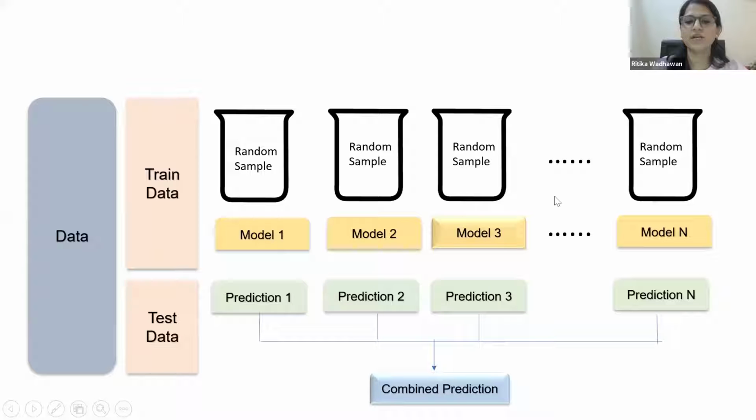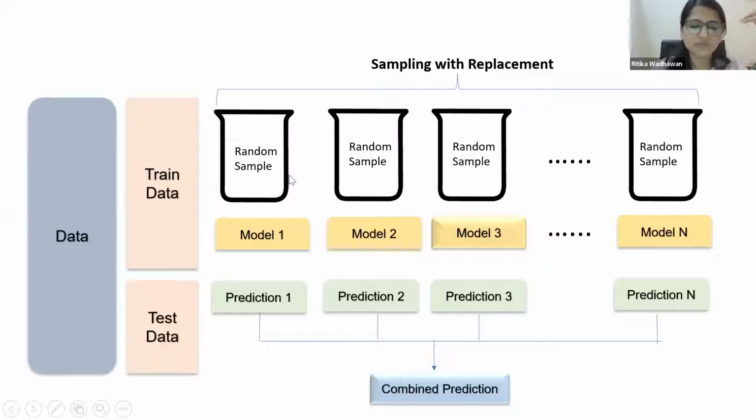Now, a thing to remember here is that the sampling done here is sampling with replacement. The samples are withdrawn with replacement, with repetition. What is sampling with replacement?